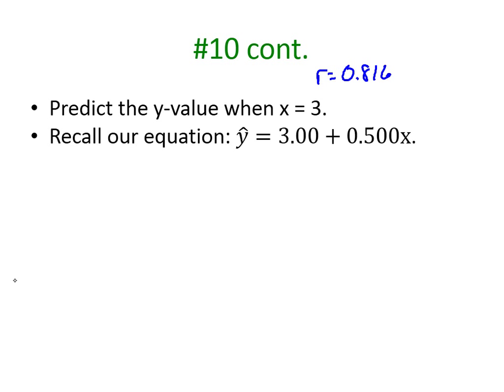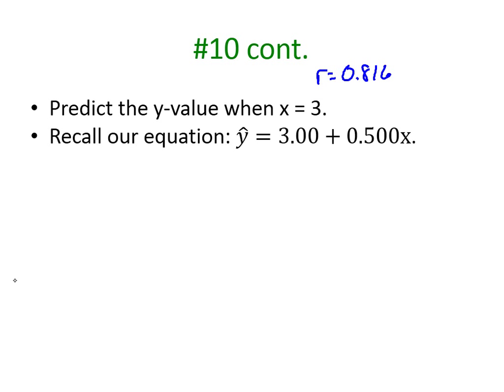So when we were looking at doing this problem, we had 11 points. From our 11 points, x being 3 was not one of our points. On number 11, our x values went from the lowest being 4 to the largest being 13.